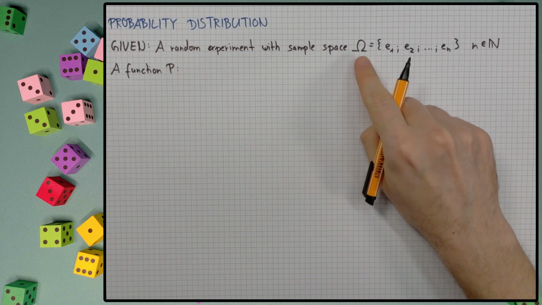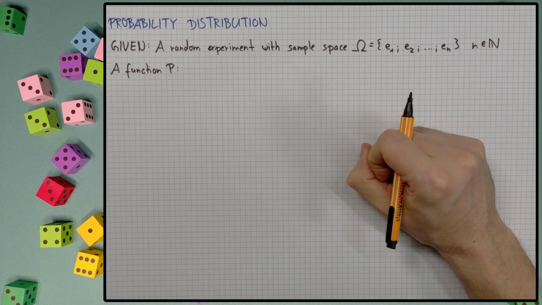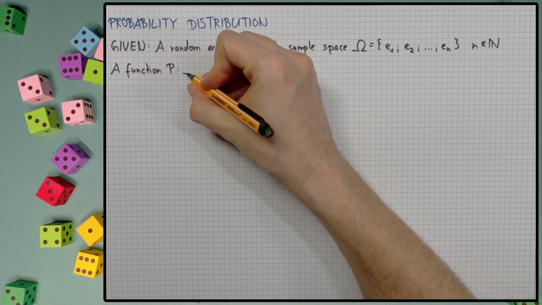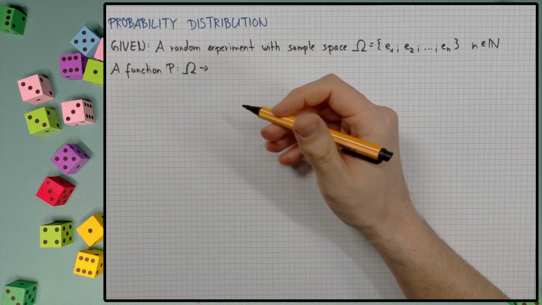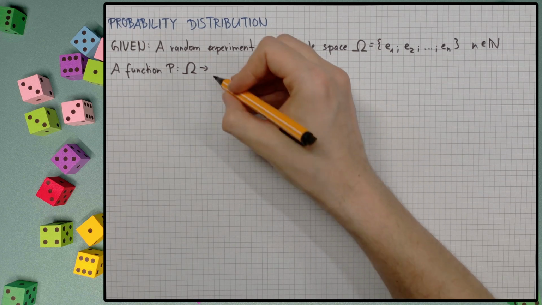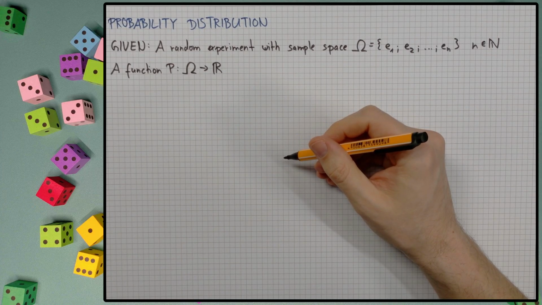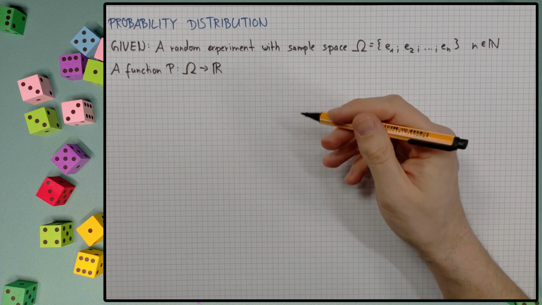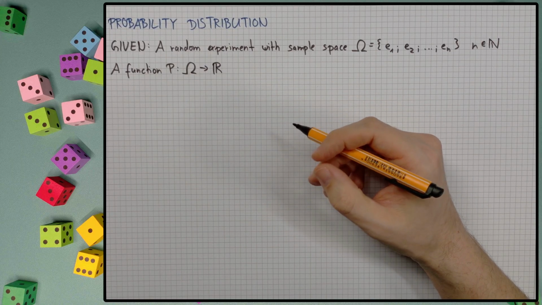Well, it's got to take an outcome, an elementary event from the sample space, and it's got to turn that into a number that we can treat as probability. That number is going to be a real number, meaning we have digits after the point.